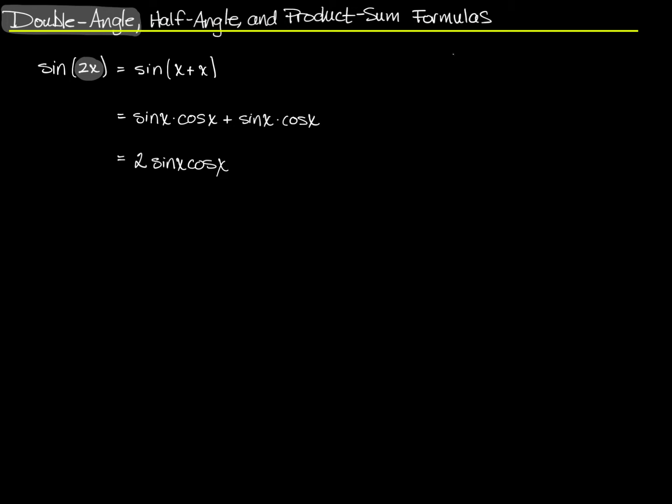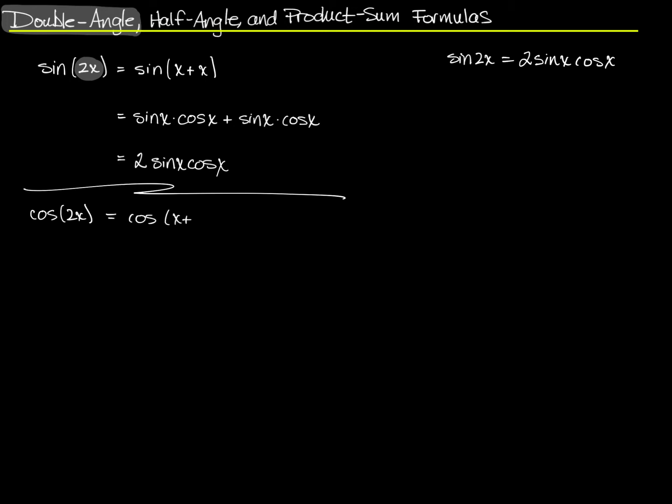I'm going to rewrite that over here. The sine of 2x is equal to 2 times the sine of x times the cosine of x. All right, let's take a look at the cosine formula. The cosine of 2x is equal to the cosine of x plus x.